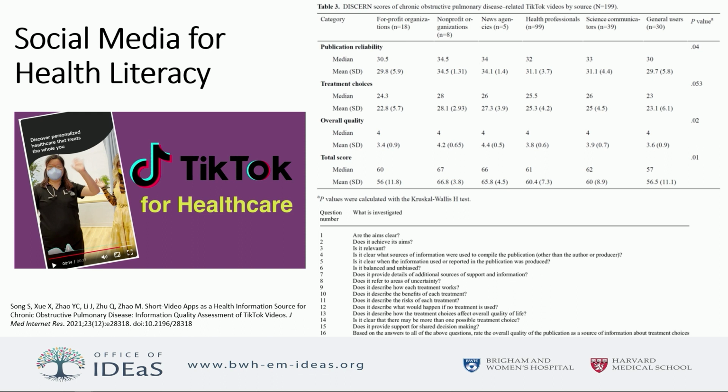While obviously you have to have a device and a connection to the internet, I think this is a low-tech solution because many younger people who have these things are inadvertently stumbling on this information and using it to inform their healthcare decisions. I think this is a really valuable thing that we've got to tap into in the future when we think about promoting health equity, getting the message out on certain health initiatives for our younger populations.